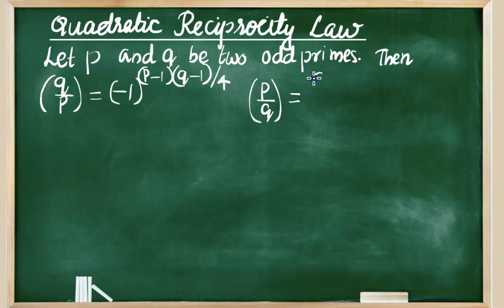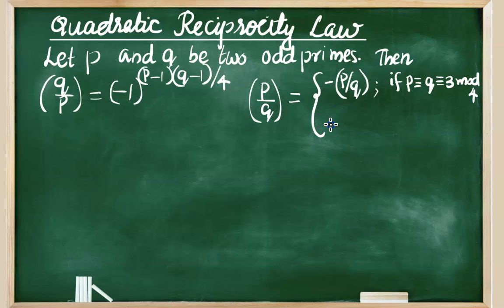So, this will be equal to minus the Legendre symbol (p/q) if p and q are congruent to 3 modulo 4, and is equal to the Legendre symbol (p/q) itself otherwise.